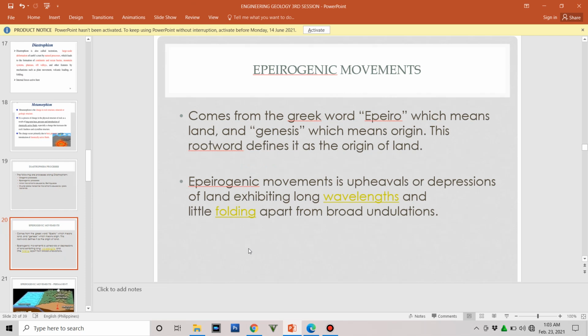And then it is upheavals or depressions of land exhibiting wavelengths and little folding apart from broad undulations. So when we say undulation, it simply means the action of moving smoothly up and down. Okay? So smoothly.